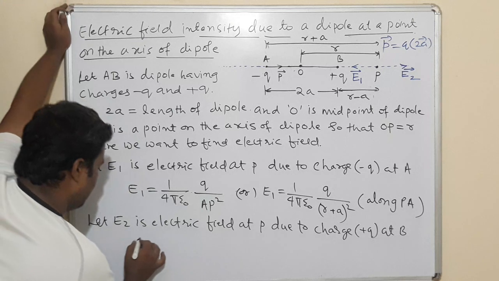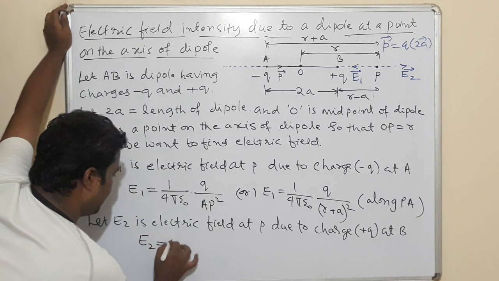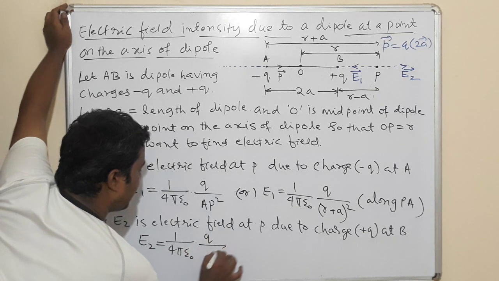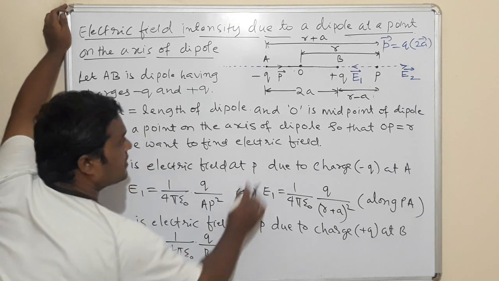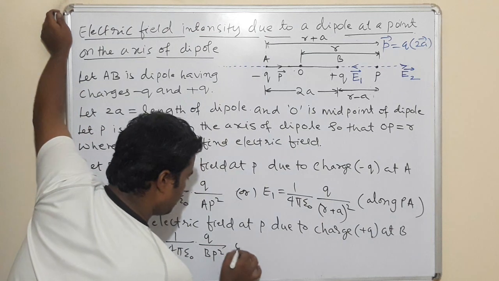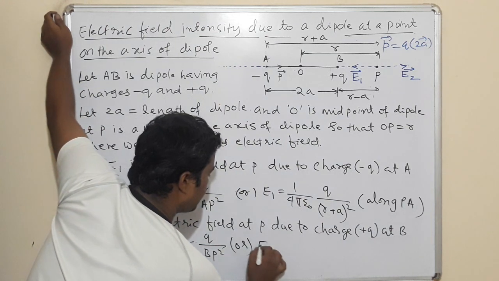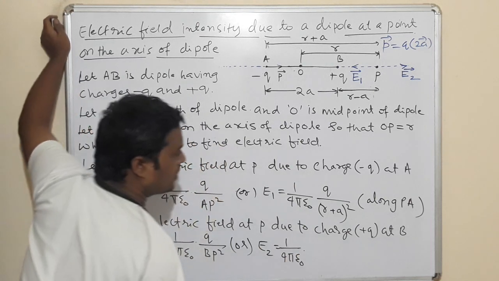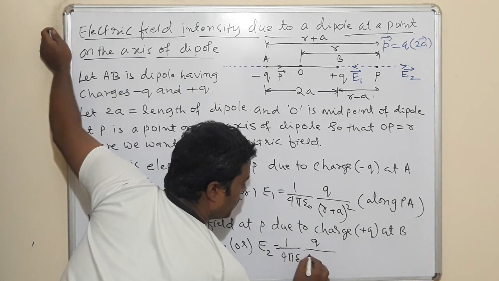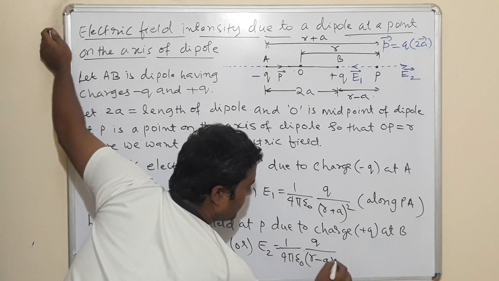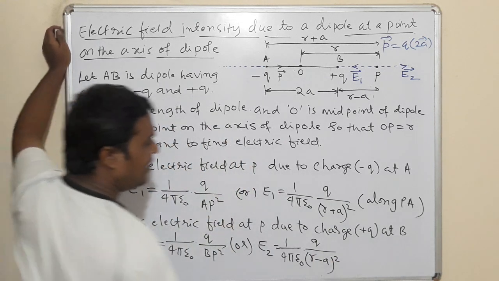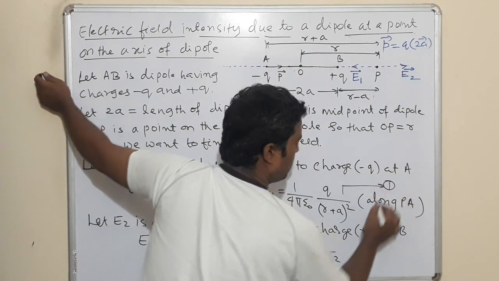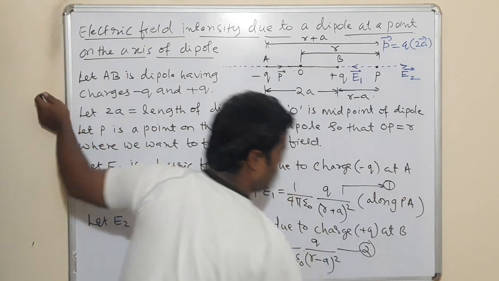Then E2 will be given by 1 by 4 pi epsilon naught, charge divided by distance BP square, or I can write E2 is equal to 1 by 4 pi epsilon naught, charge is q, distance is r minus a whole square. Let us call this equation number 1, and this equation number 2.